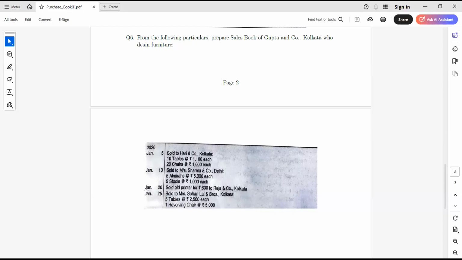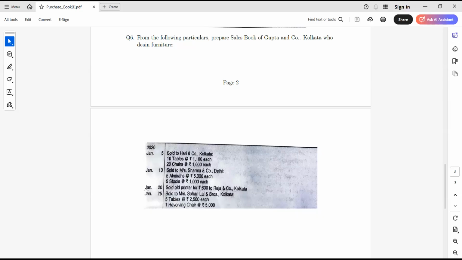It will be 5,000 into 5 and 1,000 into 5. Yes, 30,000. Then in the third transaction, it will be 17,500. So total amount should be 78,500. I think I did something wrong in the first transaction.